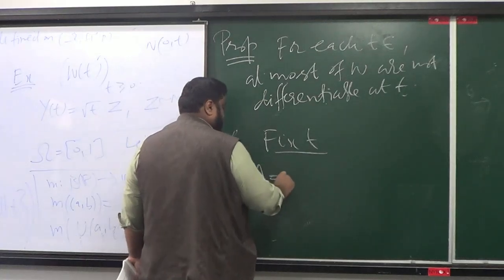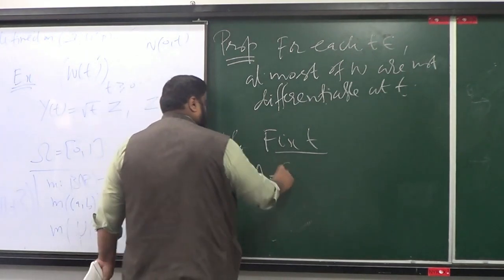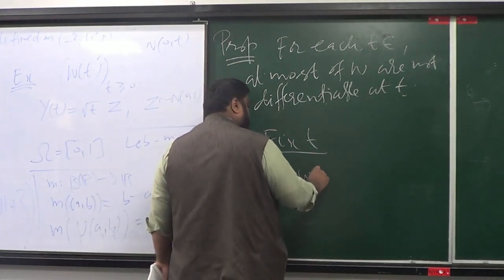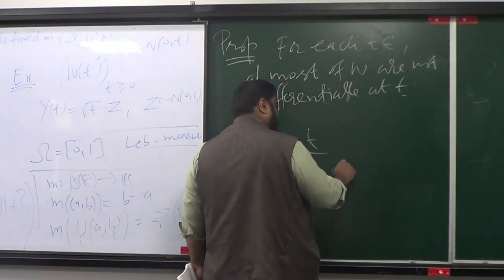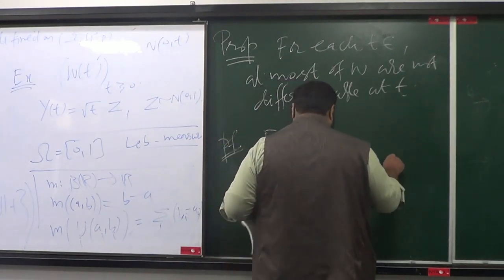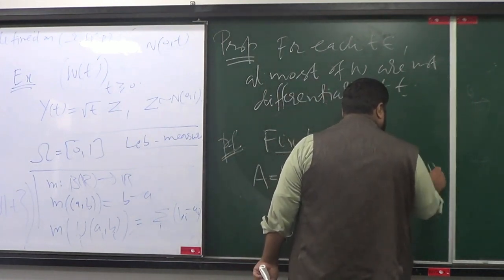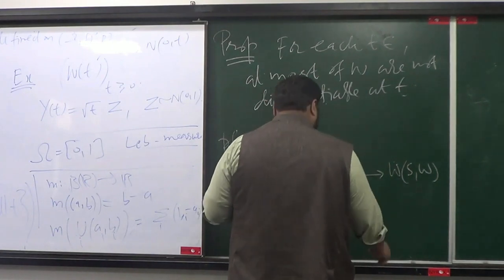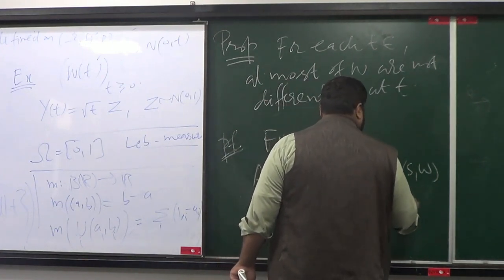And consider this set. So it's a collection of the omegas for which the map that takes t and maps it onto W_t plus omega has a derivative.